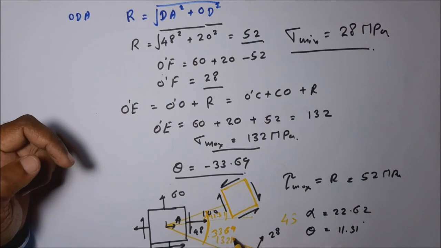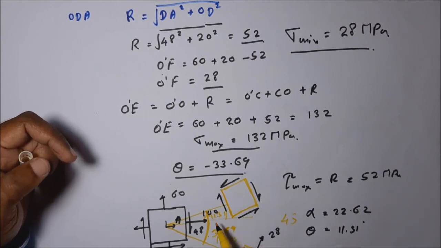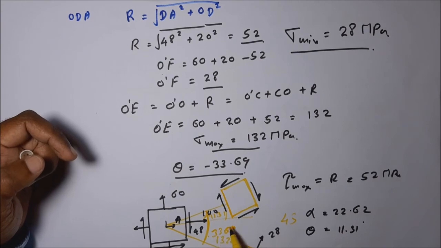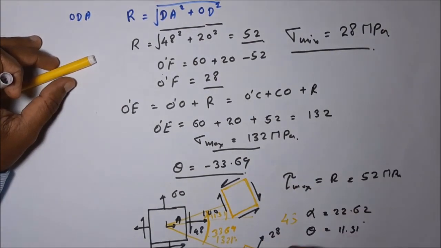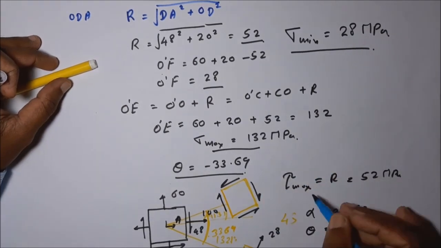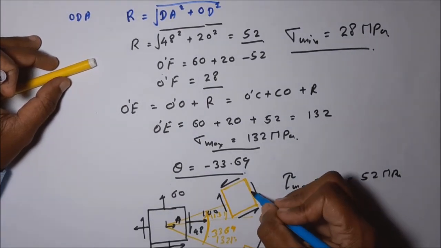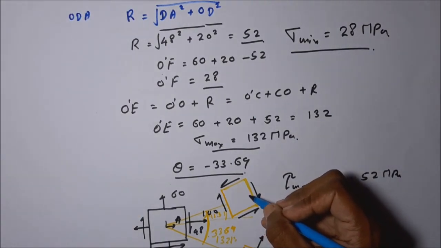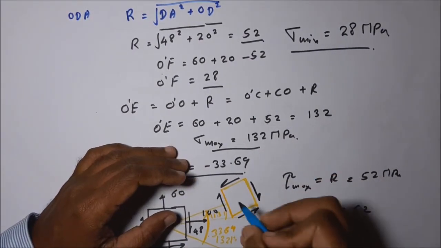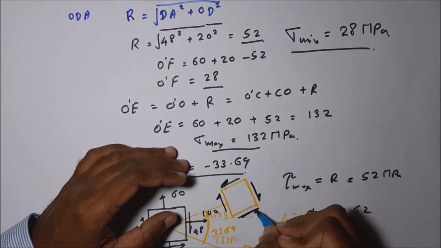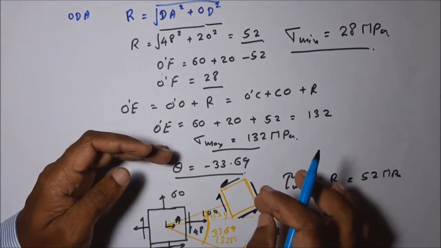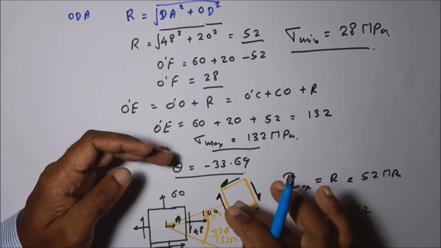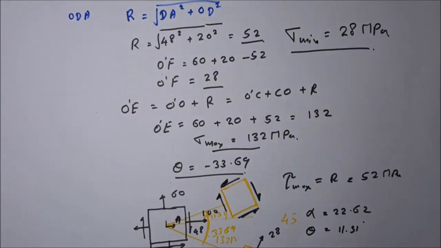You can see here it is 33.69, here it is 11.31, so the addition of these two angles is equal to 45 degree. So always the maximum shear stress plane is at an angle of 45 degree to the principal stress plane. So then tau maximum is equal to R, which is 52. It is positive, positive means the clockwise direction for our Mohr's plane sign convention. This is how we are marking the maximum shearing stress and the minimum shearing stress on a two-dimensional plane stress system.